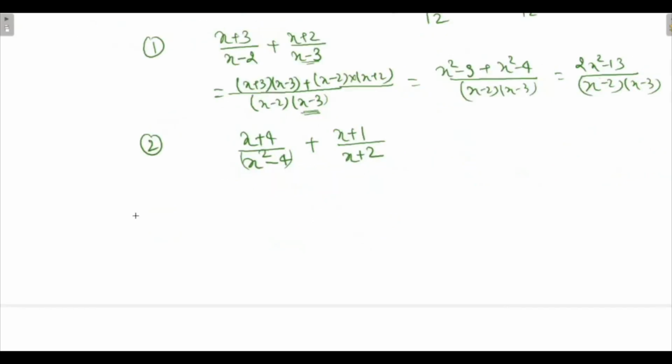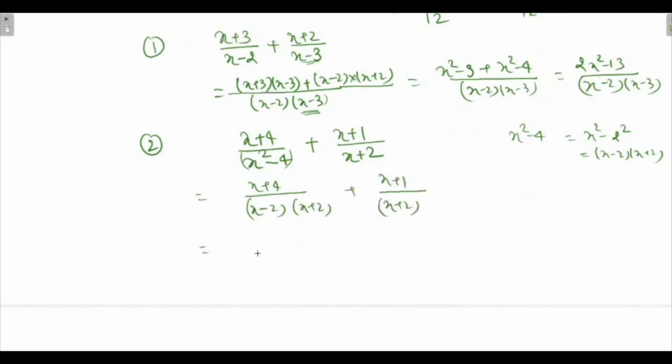Can I write x square minus 4 as x square minus 2 square, and then write it as x minus 2 into x plus 2 as well? Okay, so let's look at this expression. I'm going to write it as x plus 4 divided by x minus 2 into x plus 2, and then x plus 1 divided by x plus 2.